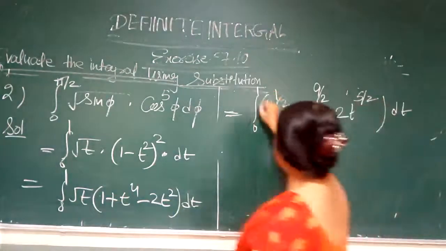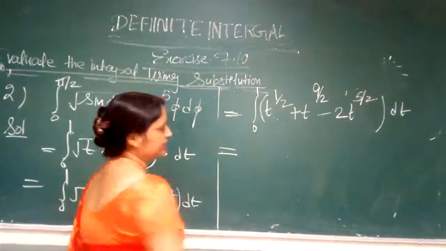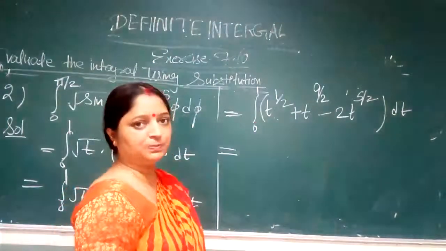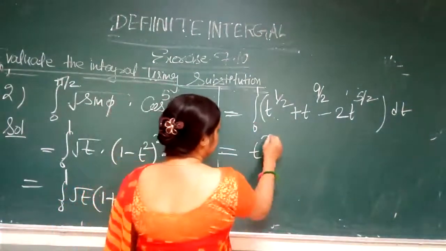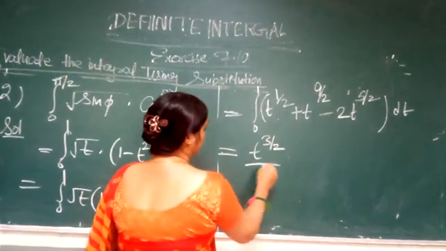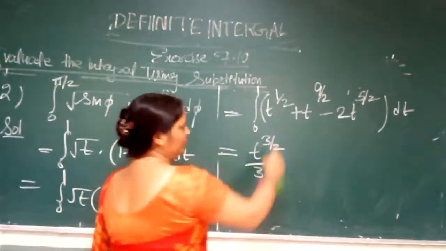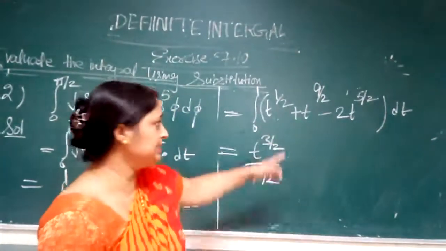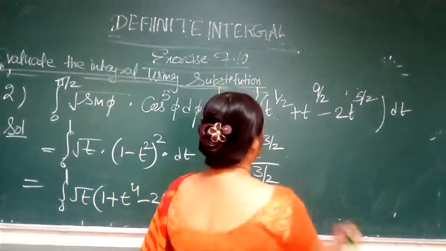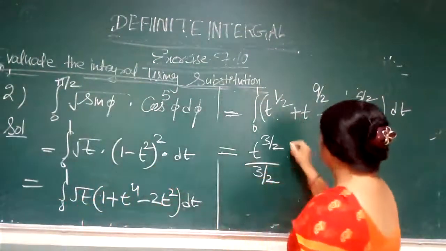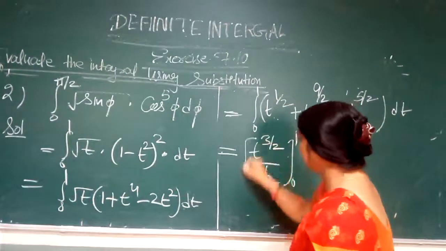Now in the next step we will integrate the terms. What is the integration of t to the power half? That is t to the power 3 by 2 upon 3 by 2. You know that x to the power n plus 1, half plus 1, with limit 0 to 1.